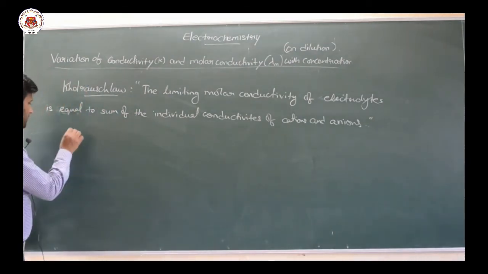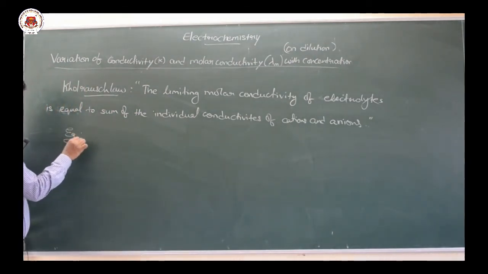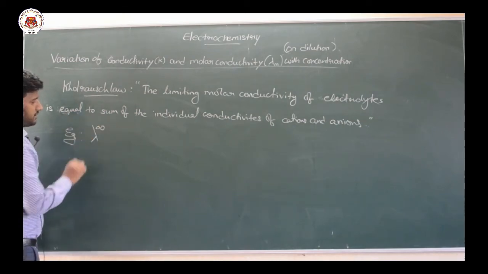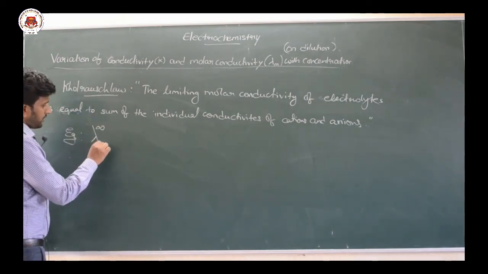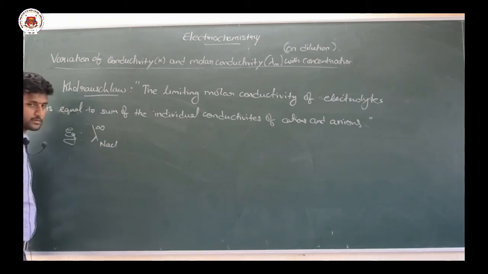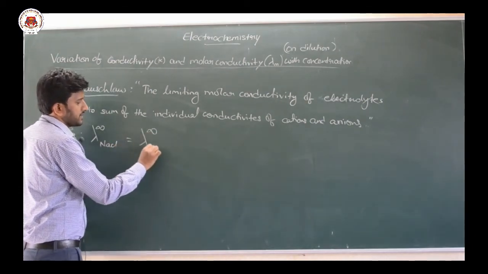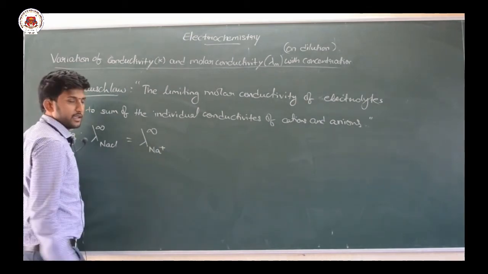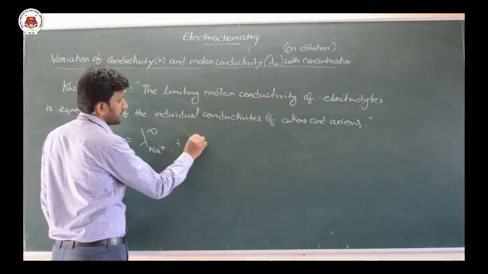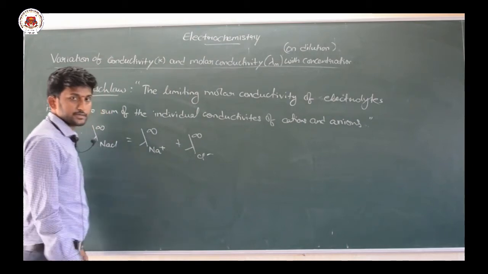Let us take one example: lambda infinity, or lambda naught, of NaCl will be equal to lambda infinity of the cation Na plus, plus lambda infinity of the anion Cl minus.